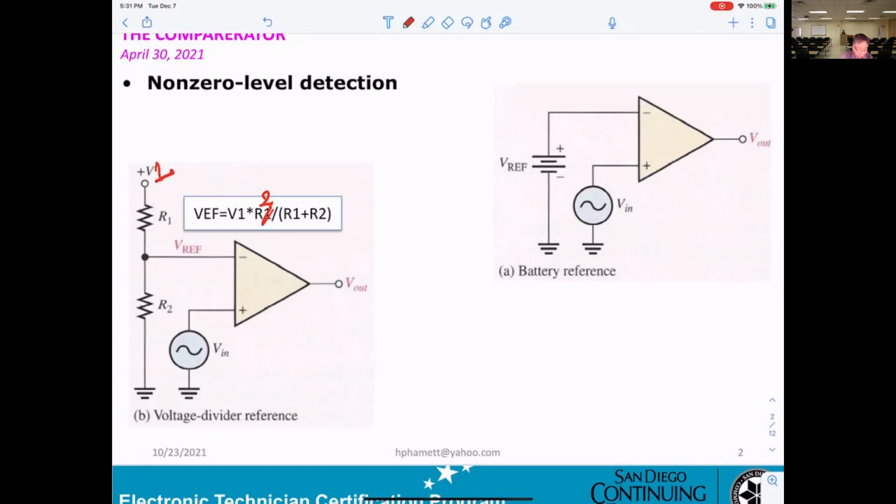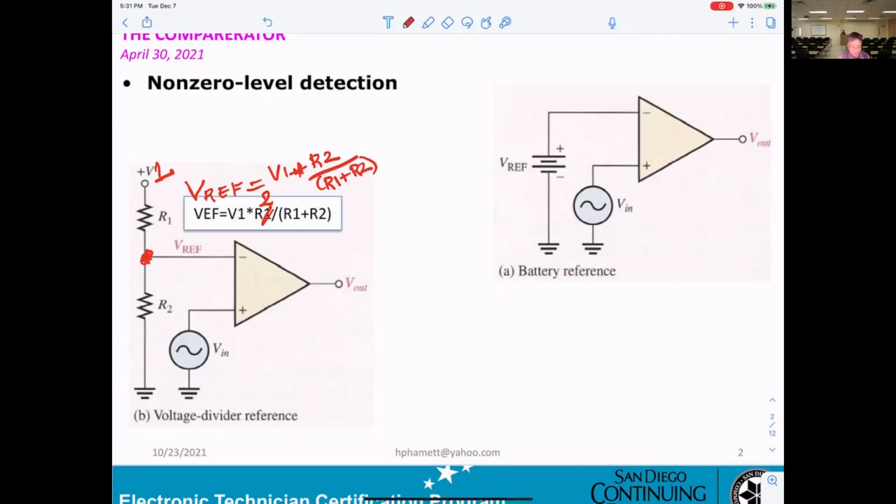And the first thing you have to do is calculate the V reference: V1 times R2 divided by R1 plus R2, before you compare.